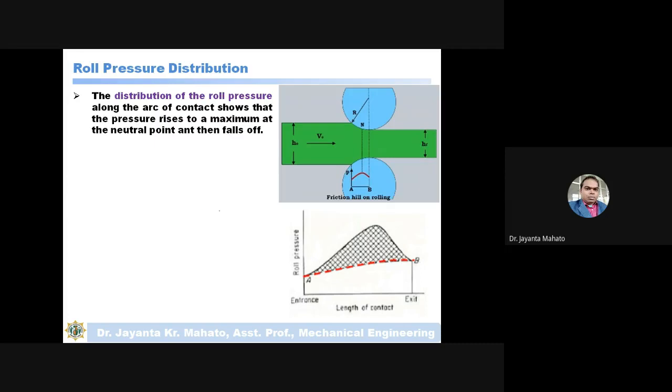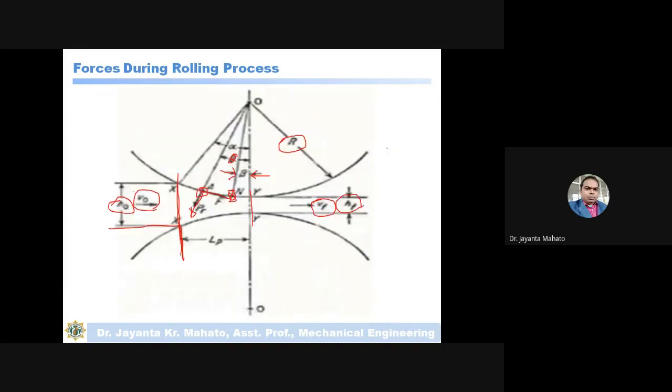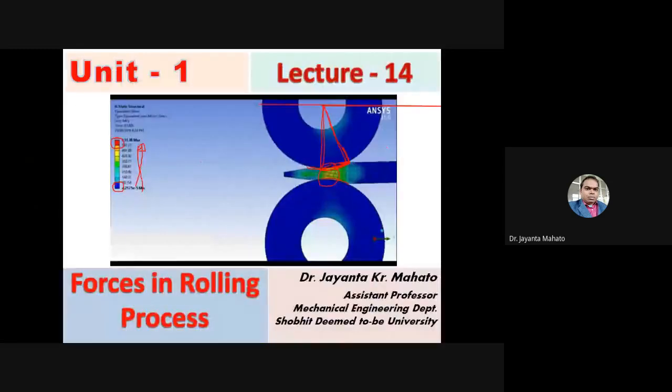Now, rolling pressure distribution. In the animated view, we have seen that the pressure is distributed through the contact area.